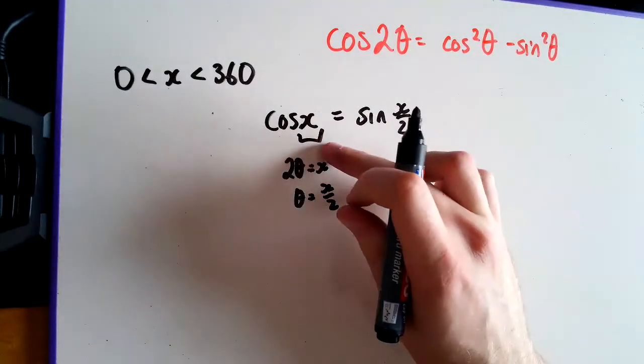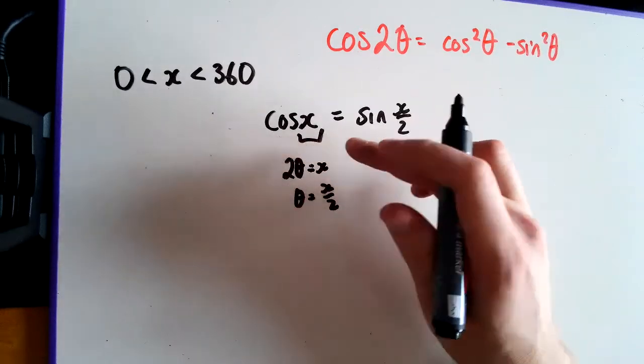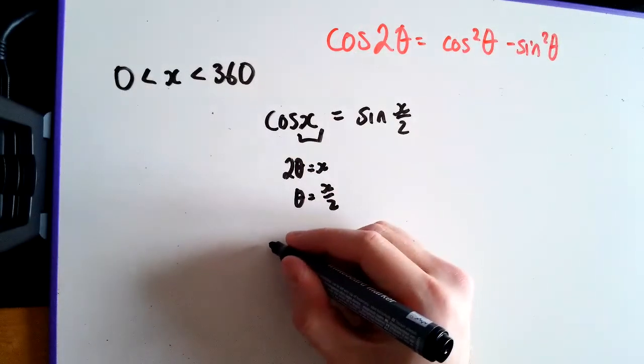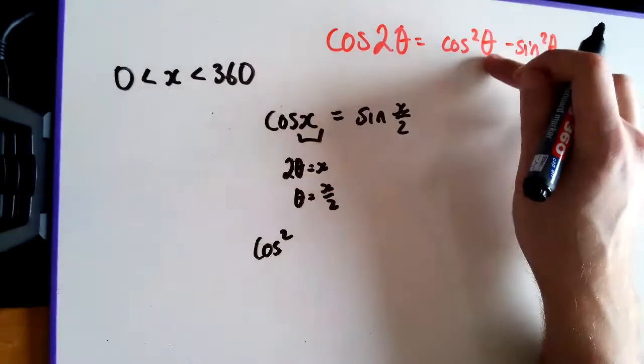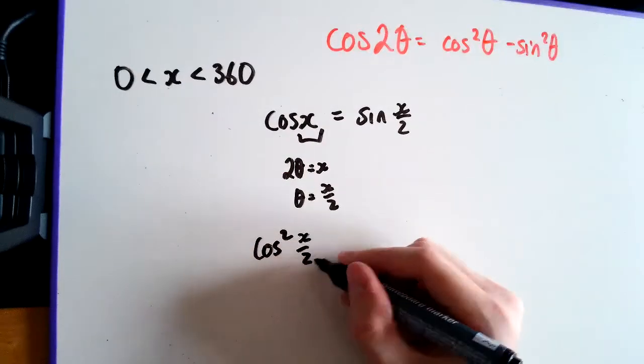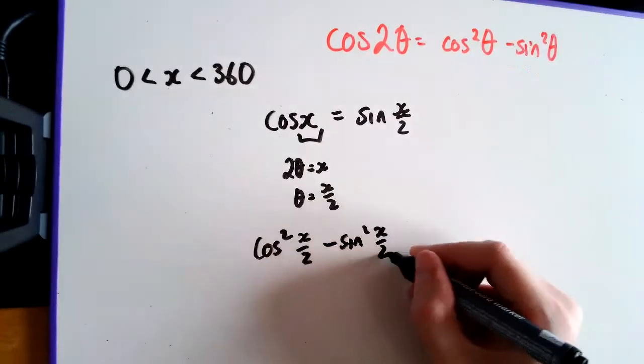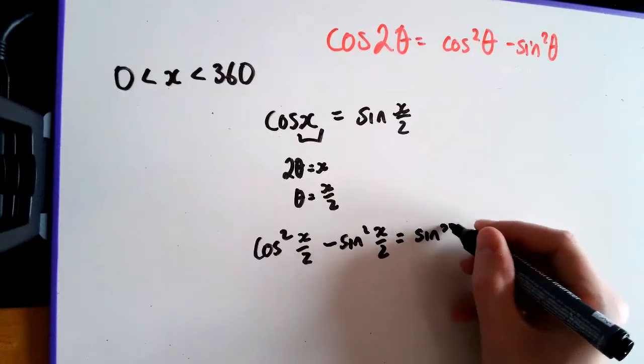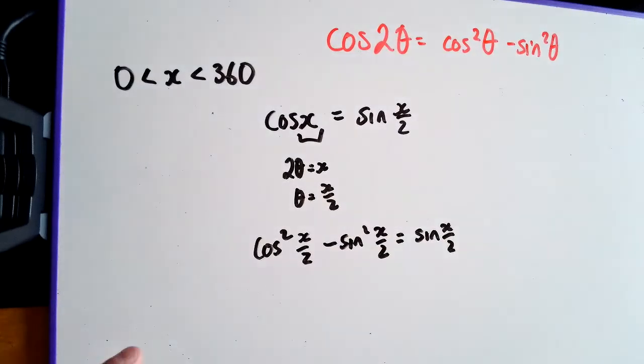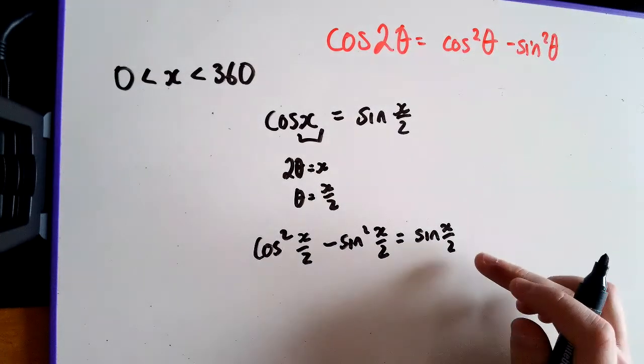So if I use the double angle formula here for cos x, I get cos squared theta, which is x over 2, minus sine squared theta, which is x over 2, equals sine x over 2. Okay, now it looks a bit like the equation before.